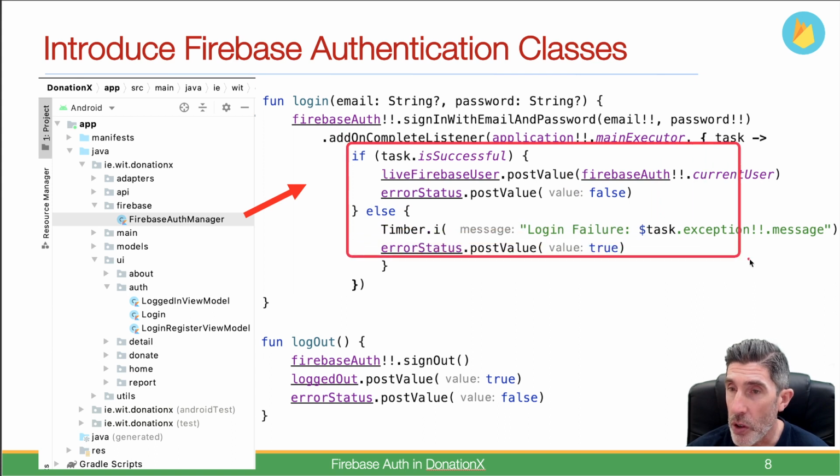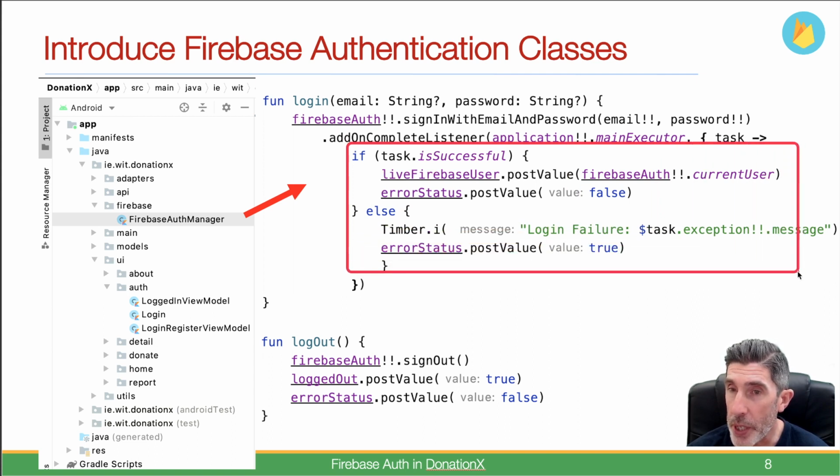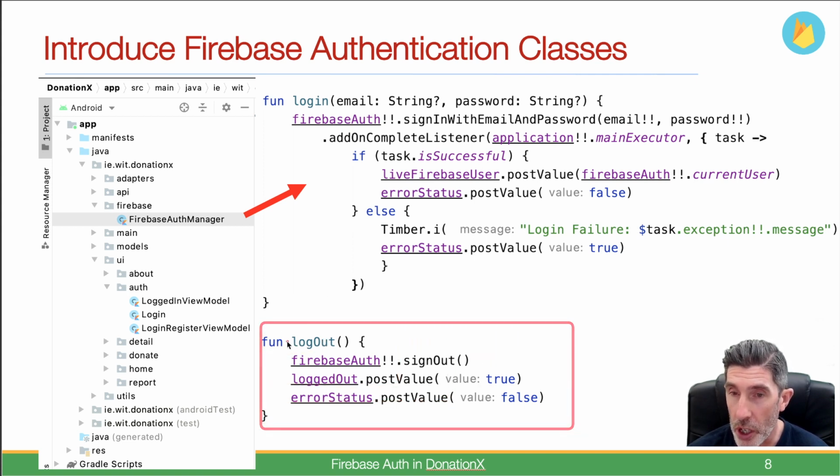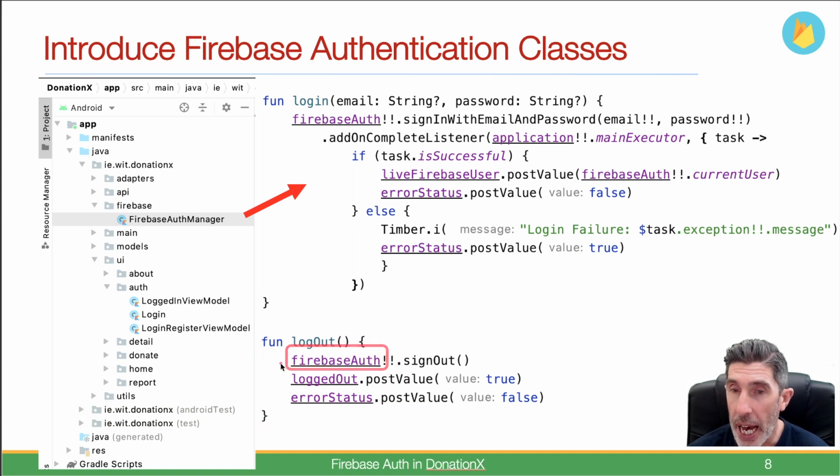Same as before, we set the user and update the live Firebase user, because this is what we're observing inside our fragments. Anytime it changes, that will update, which means we can keep track of which user happens to be signed in on the app. For logging out, we just call signOut on our auth instance and then update the logged out and error status properties accordingly.